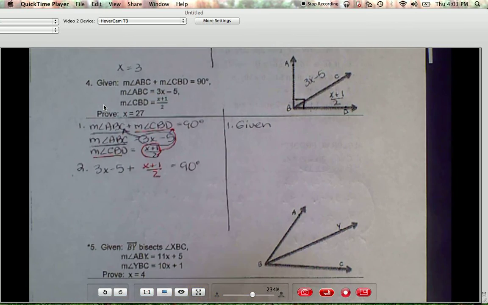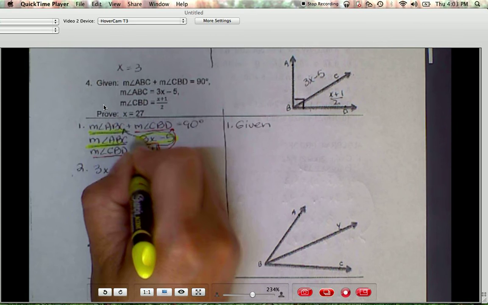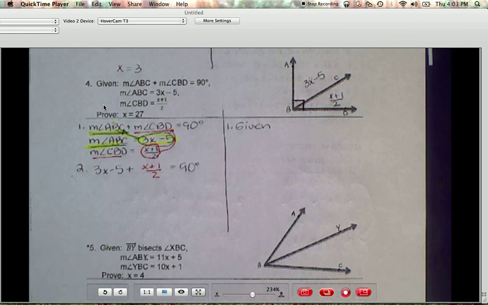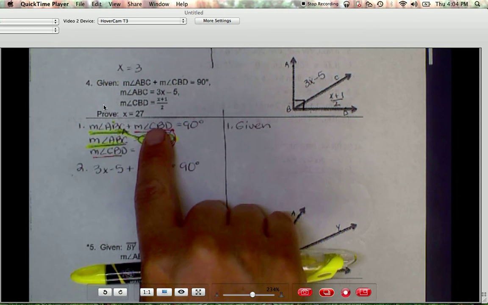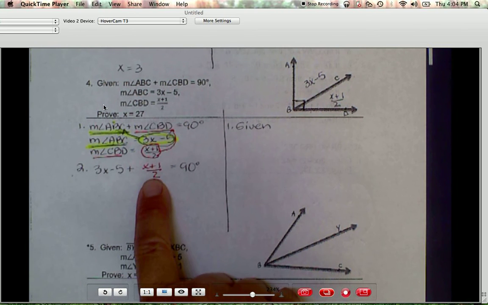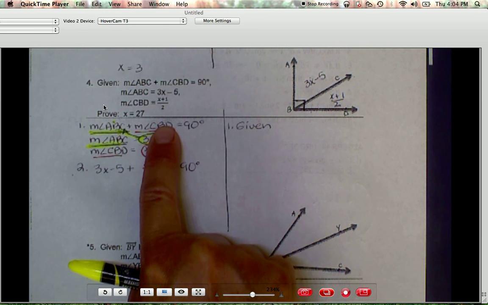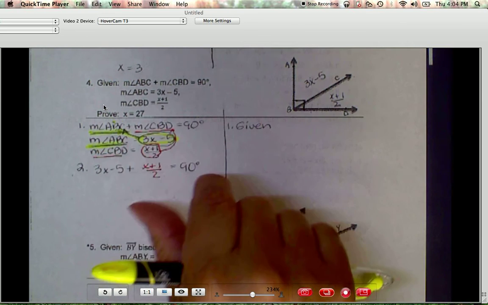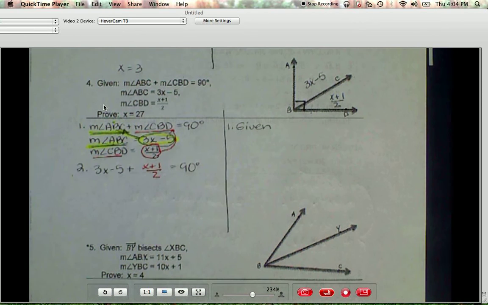Okay, so we took this and plugged it in for ABC. And if CBD is equal to x plus 1 over 2, instead of writing CBD, we write x plus 1 over 2. We took this and put it in place of this other one. What property involves putting something in place of another one that is equal to it, or plugging it in?